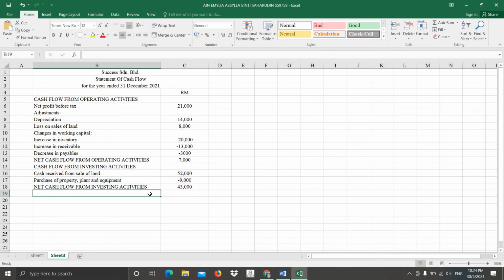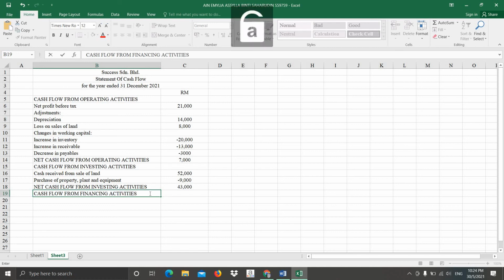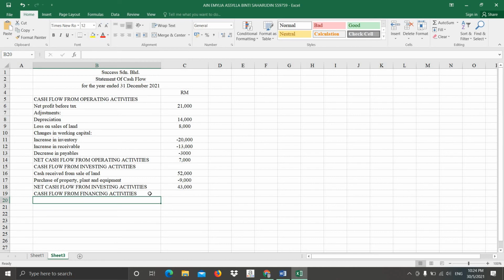Okay. Next, cash flow from financing activities. The first one is payment of bond payable.